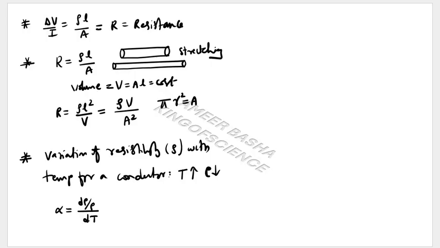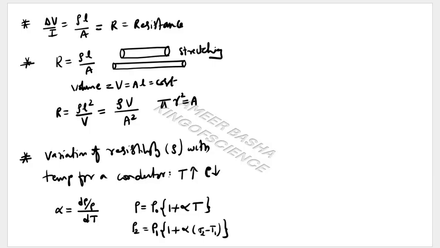So from here I can write rho is equal to rho naught into 1 plus alpha T, T is the temperature, or otherwise I can write rho 2 is equal to rho 1 into 1 plus alpha into T2 minus T1.